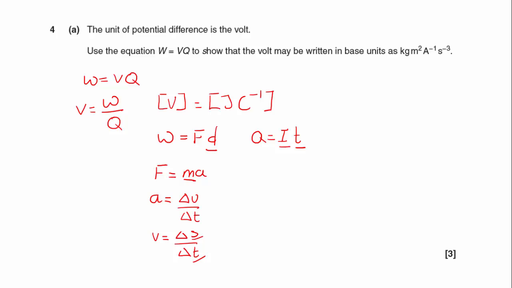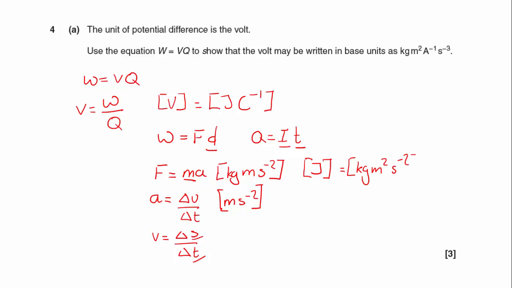So if we have a look, hopefully you already realise that acceleration is meters seconds to the -2. Mass, so the Newton is going to be kilograms meters seconds to the -2, and therefore the joule is the force times the distance, so the joule is going to be kilograms meters squared seconds to the -2.